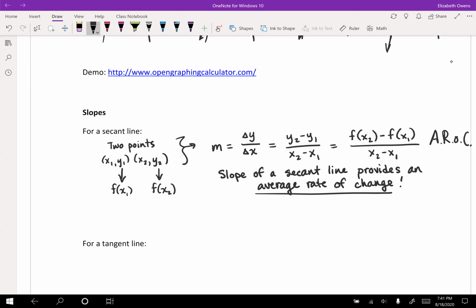Now, in order to help us look a little bit at a tangent line, we are going to do something kind of funny with our secant slope formula, so bear with me for just a moment.